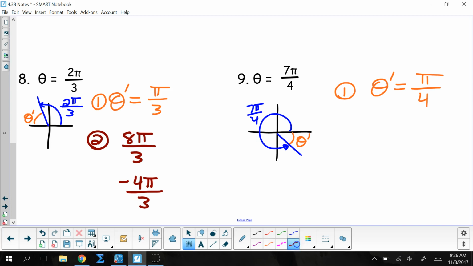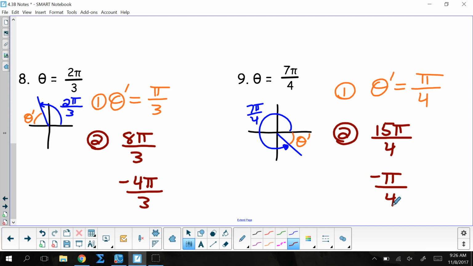A positive angle in the same location. Now I'd be adding 2 pi, which I really am thinking 8 pi over 4. So that would be 15 pi over 4, or negative pi over 4. Okay? Questions on any of those?